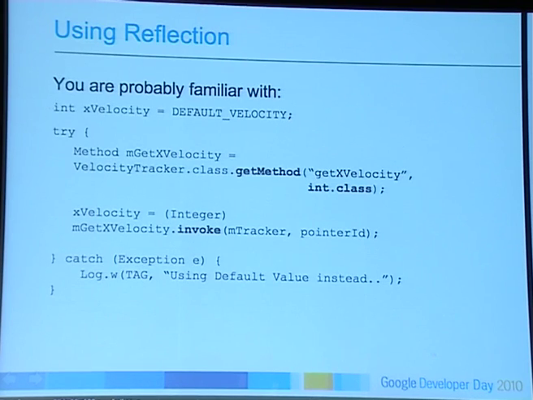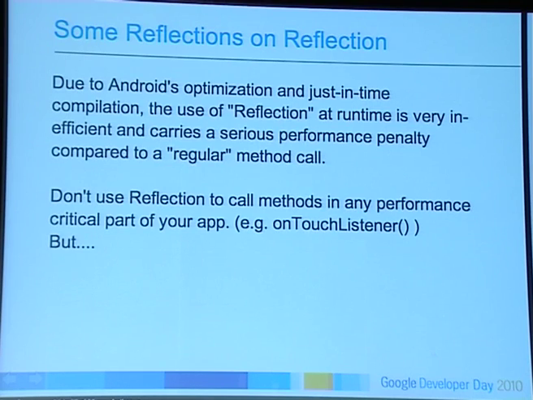So if you do this in an event handler, or if you do this in a tight loop where it's done over and over again, you will get very poor performance. So you should not do that. As I said, this is basically what I just showed you. It defeats the purpose of the just-in-time compilation. It will be anywhere between 10 times to 100 times slower than a regular method call.